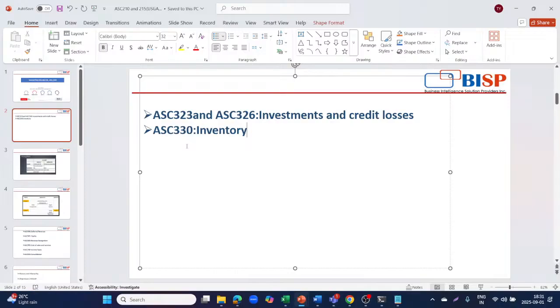There are some key aspects that we'll be looking into. First is the definition and classification. We'll see how it will be measured at cost. In inventory, it will be initially measured at cost, which includes material, labor, and overhead cost, including bringing the goods to their current location and condition. For example, if we have purchased some inventories which are in a dismantled condition, how will you determine the cost of that inventory?